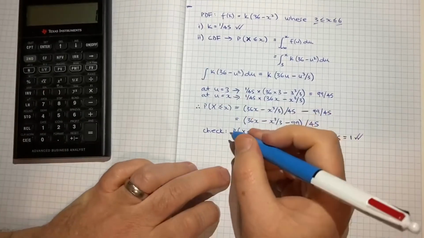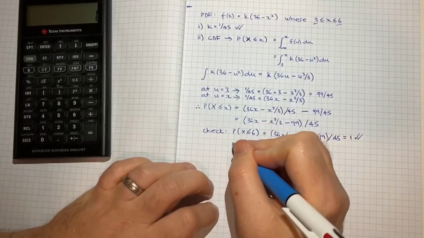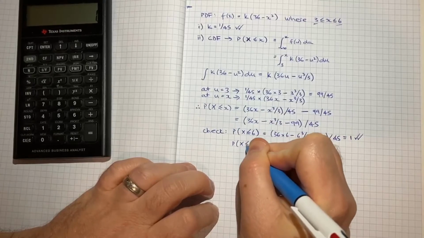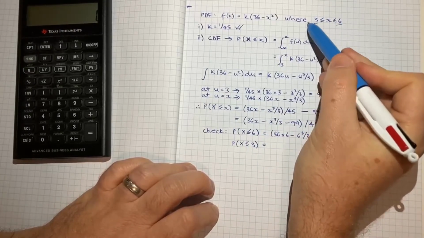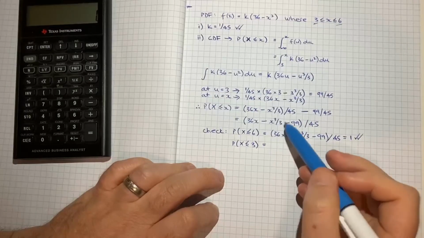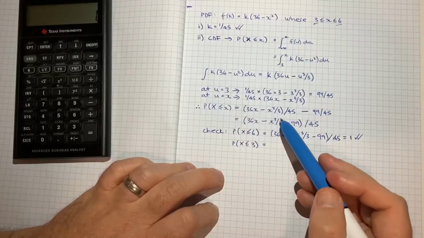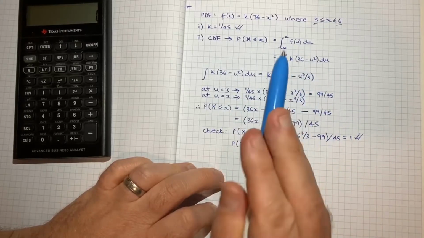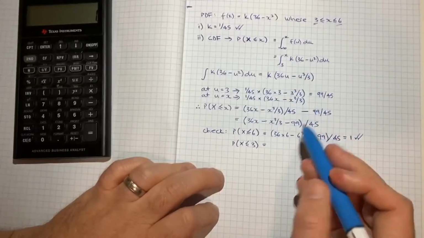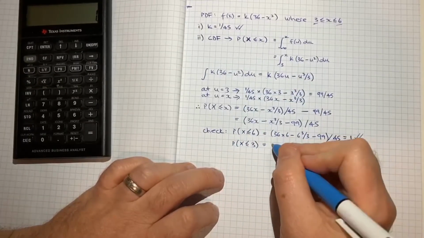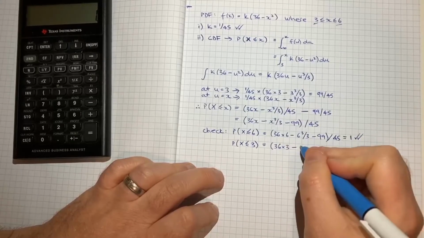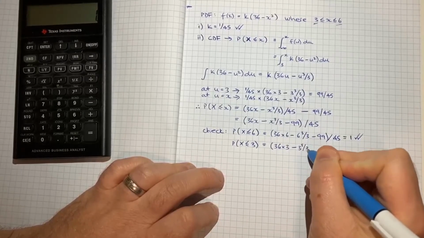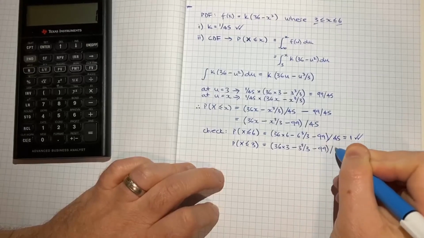The other thing we can check is that the probability of x less than or equal to 3 is 0 because we can't have any values less than 3. And when you're dealing with continuous random variables, the probability of being exactly equal to a number is also 0. So we should get 0 here. So let's see. 36 times 3 minus 3 cubed on 3 minus 99 on 45.